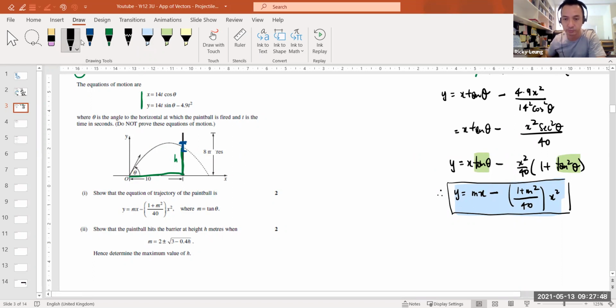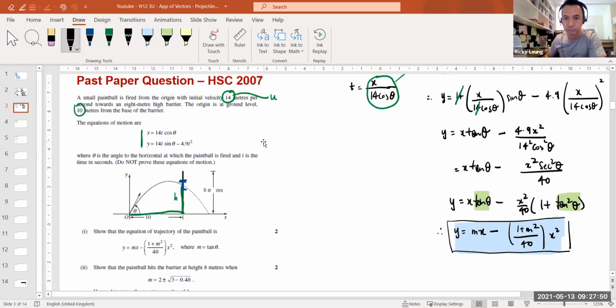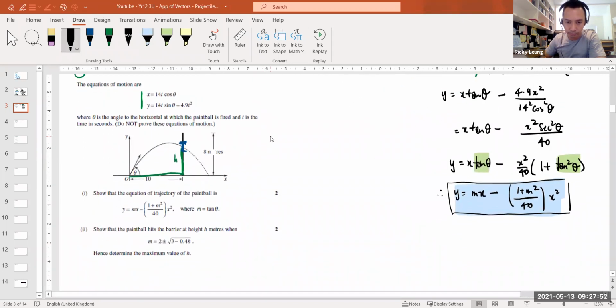For part 2, in this case, x equals 10, y equals h. It feels like I'm subbing everything here and then making m the subject, so it's a quadratic for m. Let me make sure I'm not doing anything silly, because sometimes I freestyle, and yep, that's absolutely fine.